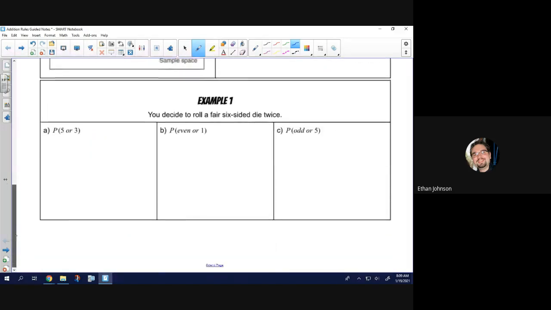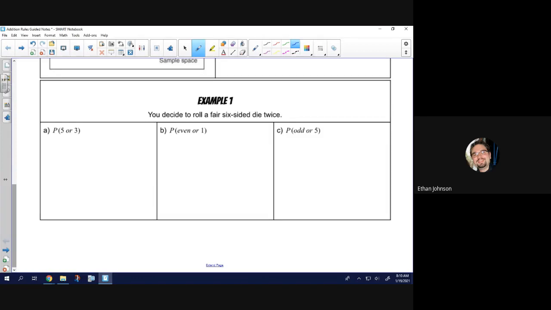So let's look at example 1. We decide to roll a fair 6-sided die twice. Note all 3 of these problems, A, B, and C, say or, so that tells us we're going to have to add. First is the probability of 5 or a 3. Now, I know that these events are mutually exclusive because it cannot be a 5 or a 3 at the same time.